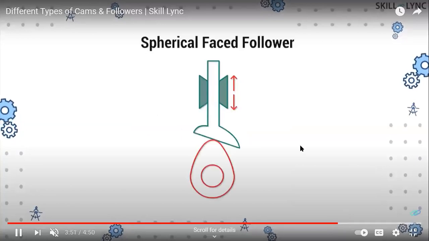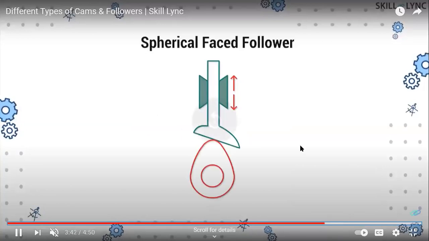And this is the spherical faced follower, in which its position is made depending on the cam. So you can see it in the picture.